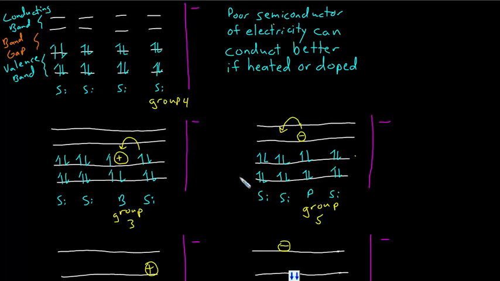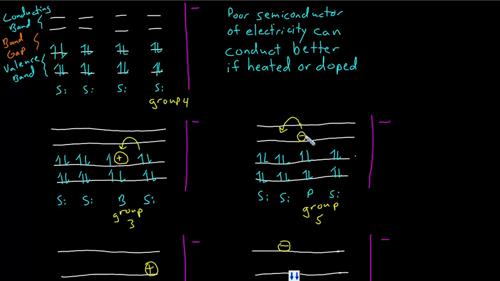You can also conduct with other elements that have more than silicon's 4 valence electrons. Conduct with group 5 elements, like phosphorus. It has 5 valence electrons, not 4. Having one extra electron, there's now an extra electron already up in the conducting band.